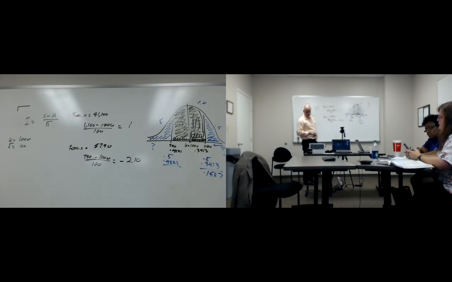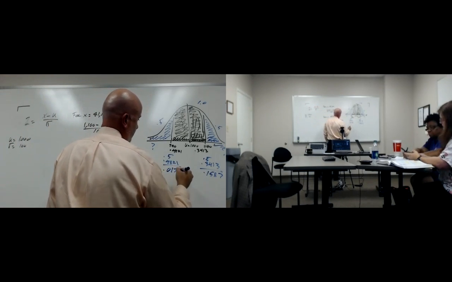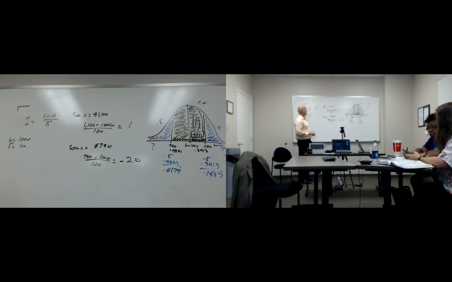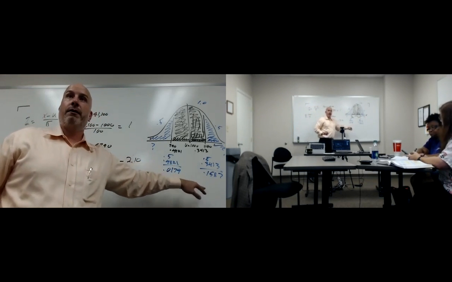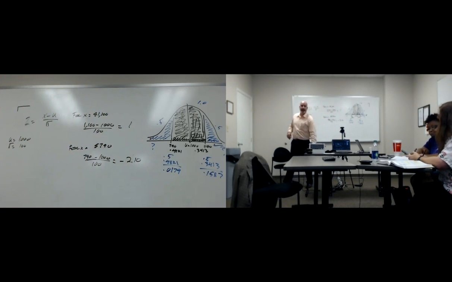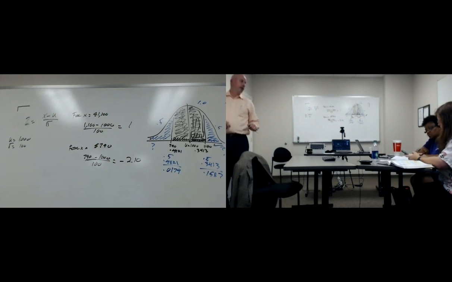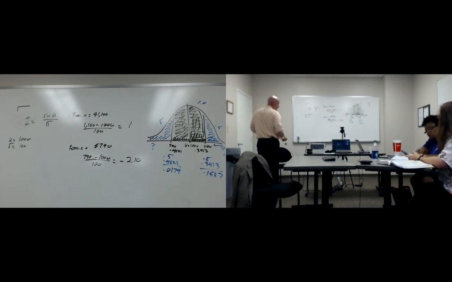And below 790 it's 0.0179. So if the question had been, what's the likelihood of selecting a foreman whose income is greater than $1,100, this is how we could solve for it. What's the probability of selecting a foreman whose income is less than $790? This is how we would solve for it.